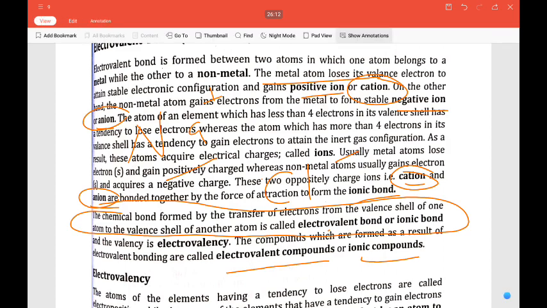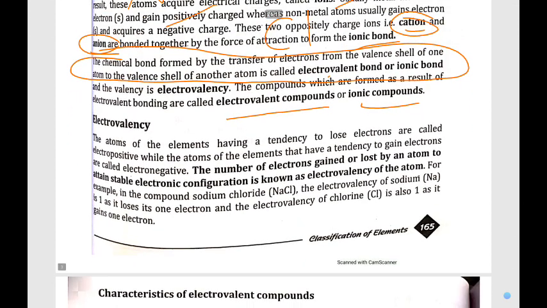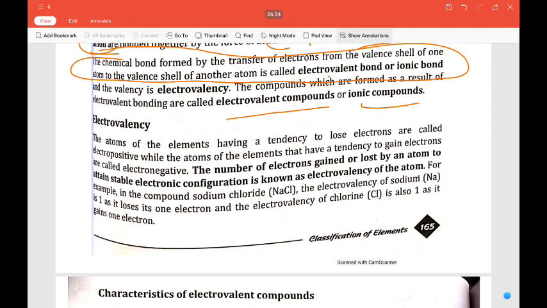Students, where is electrovalent bond formed? Between metal and non-metal. Okay, students. Now, what is the definition of electrovalency? Just check it here.